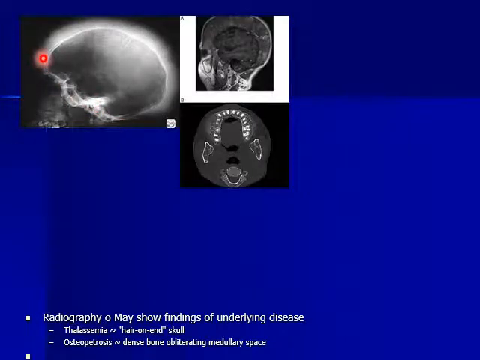This is a very characteristic appearance, which is called hair on end, with widening of the diploic space in a patient with thalassemia. Look for the expansion of the diploic space in addition to enlargement of all the bones, including the mandible and so on. Okay, this is hair on end due to chronic anemia.